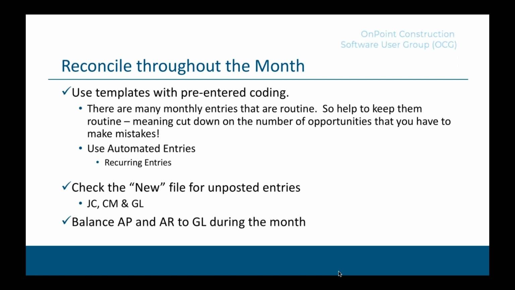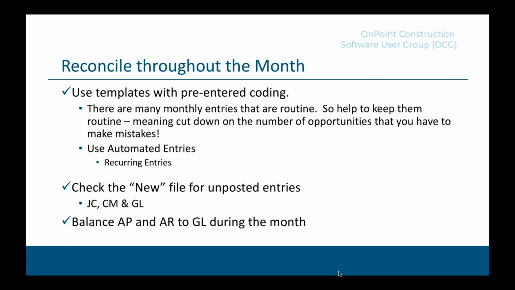So for instance, you could have your depreciation always entered out there, because unless you buy something or sell something, that number is not going to change. It can be on your automated entries. You can also do some insurance allocations, just some different things that are the same.